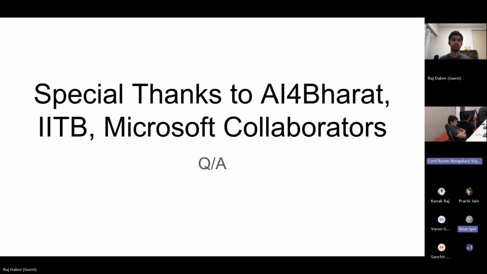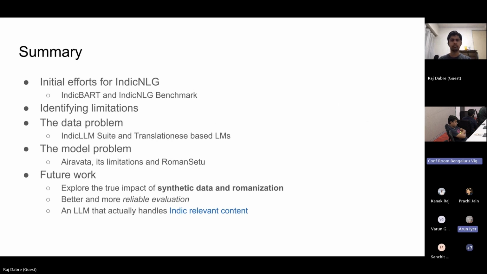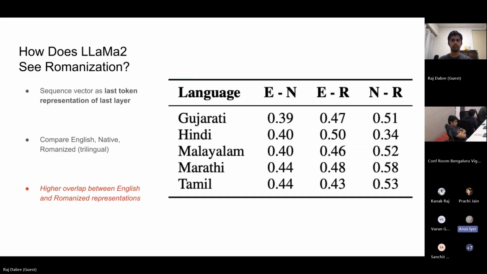Is it that these Romanized data co-occurred with the English so that they are able to map the Romanized version, because the words are still, Balak or something like that, which is a Hindi word, which may be written in English script, but at the end of the day, it's a very different word?